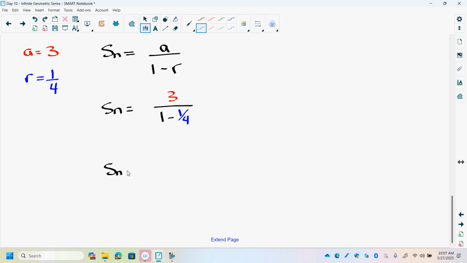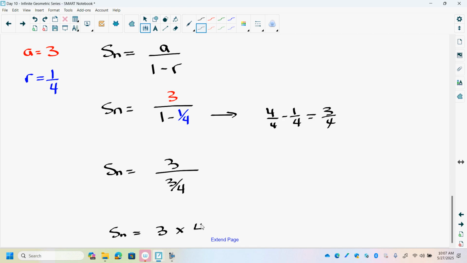Sn is going to equal 3. What's 1 minus a quarter? That's right. 4 over 4 minus 1 over 4 would be 3 over 4. How do you divide fractions? Keep, change, flip.